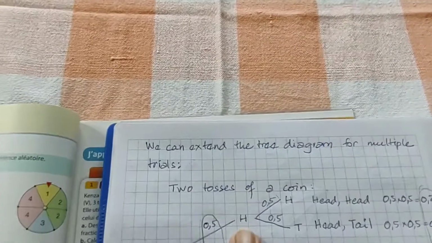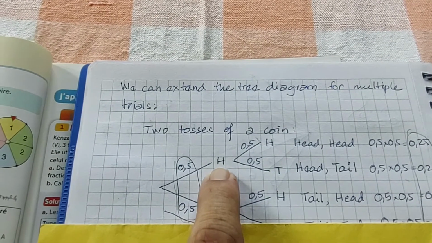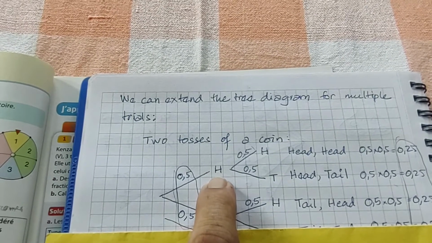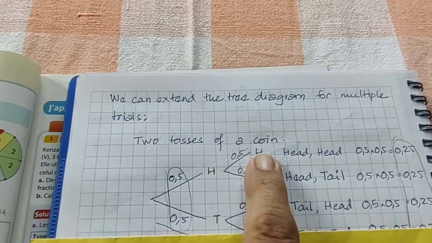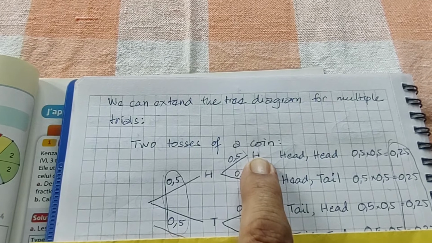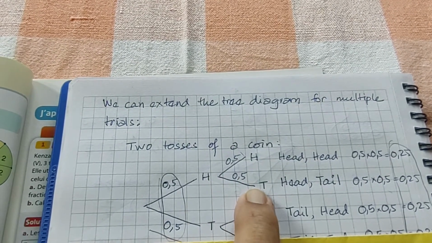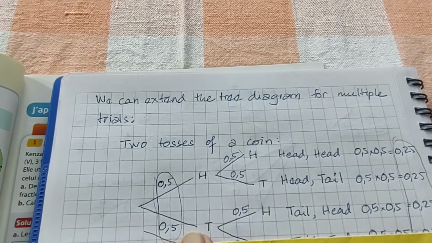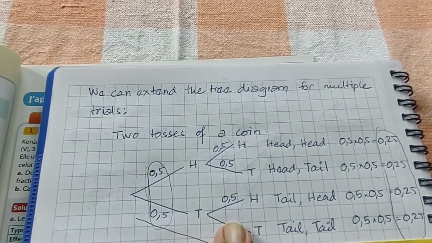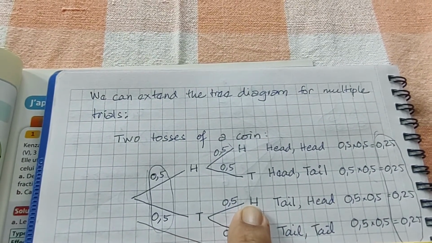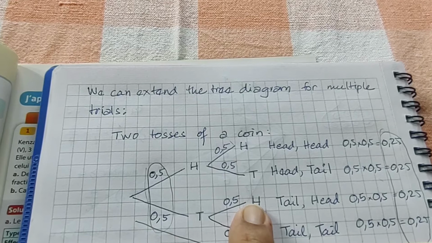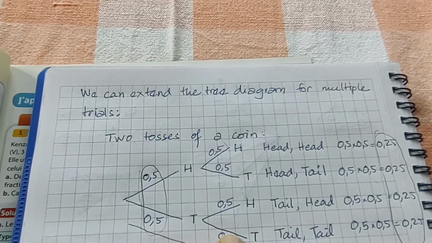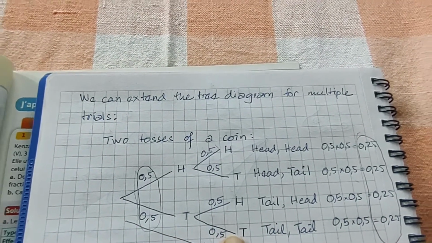Now, when you get heads, you're tossing the coin again. So again you have a 0.5 probability of getting heads and 0.5 probability of getting tails. And when you got tails, again you toss the coin, so you had a 0.5 probability of getting heads and a 0.5 probability of getting tails.